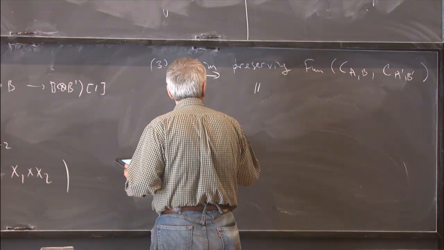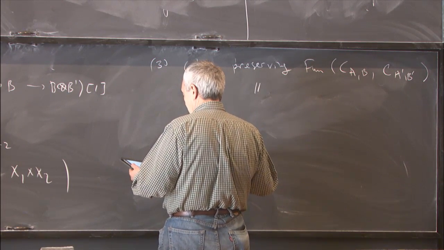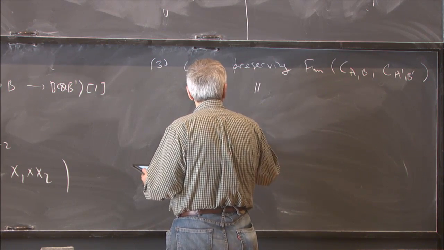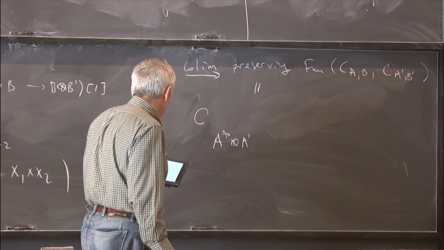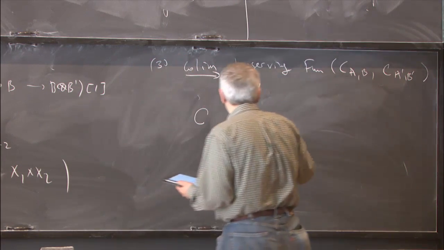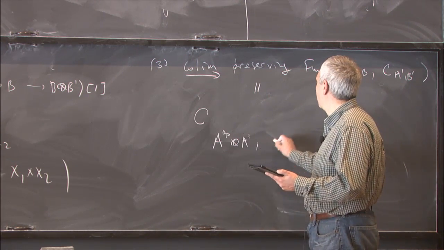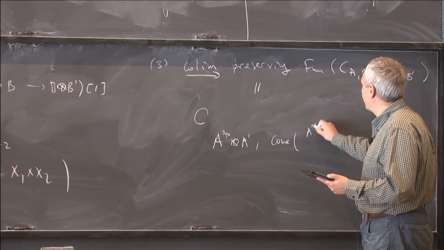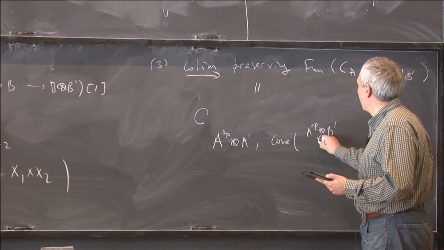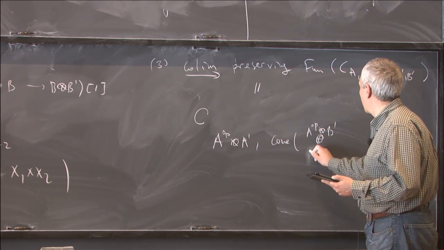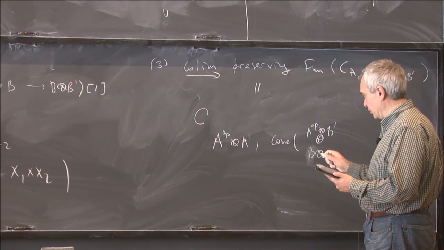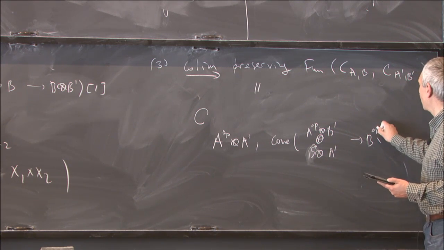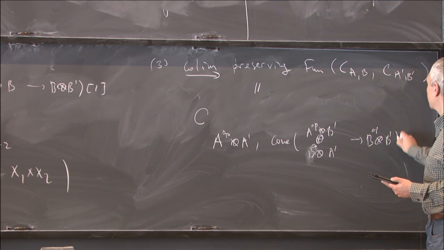It's the space corresponding to this guy. So you have A op tensor B prime plus B tensor B op tensor A prime mapping to B op tensor B prime shifted by 1.